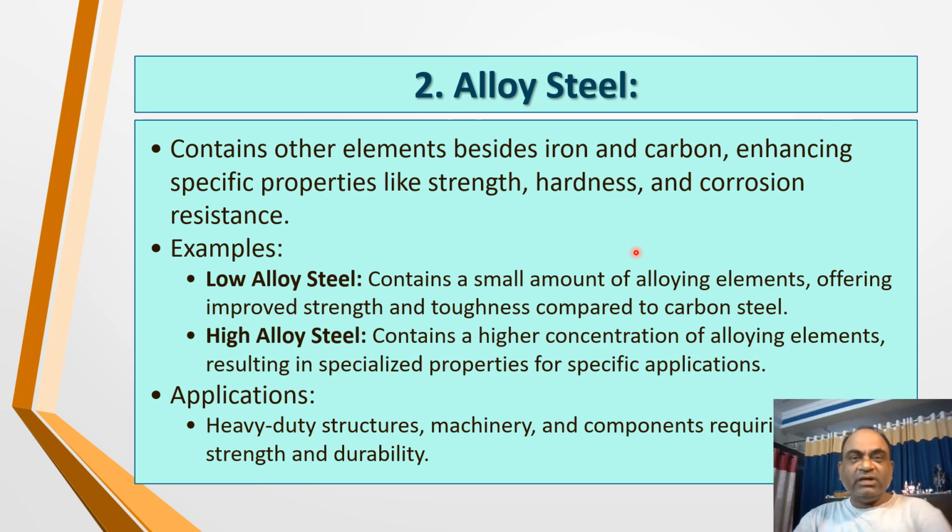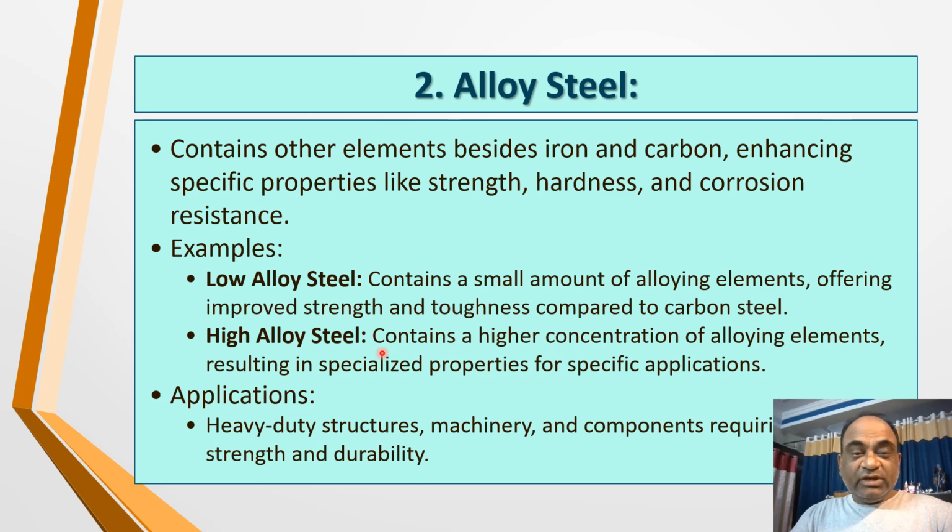Alloy steel is another type of steel, which contains other elements besides iron and carbon, enhancing specific properties like strength, hardness, and corrosion resistance. We have two types of alloy steel: low alloy steel and high alloy steel. Low alloy steel contains a small amount of alloying elements, offering improved strength and toughness compared to carbon steel.